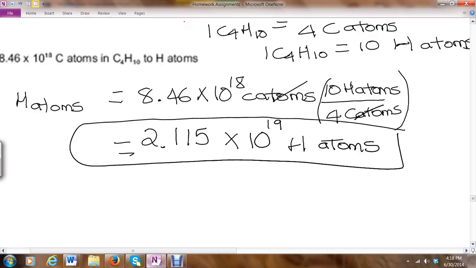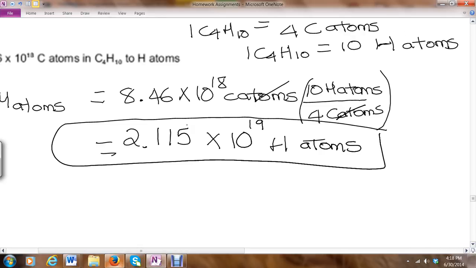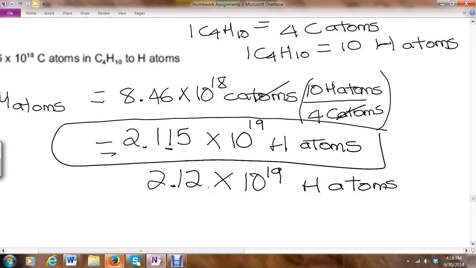So sig figs would be 1, 2, and 3, right? If you look at the problem, it has 3 sig figs, so it would be 2.1. You have an odd number and a 5, so it is 2.12 times 10 to the 19 hydrogen atoms. Again, let me explain, I don't know if you remember.